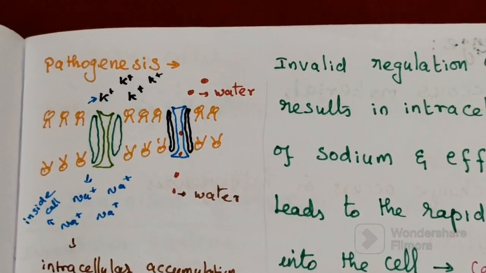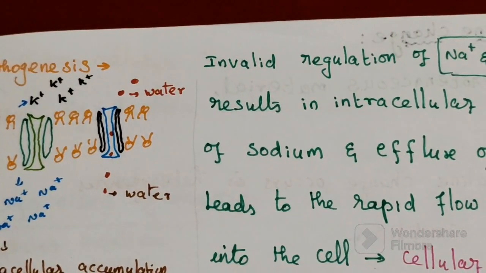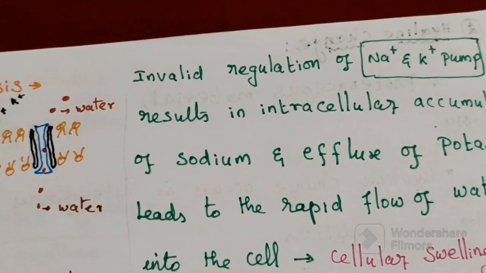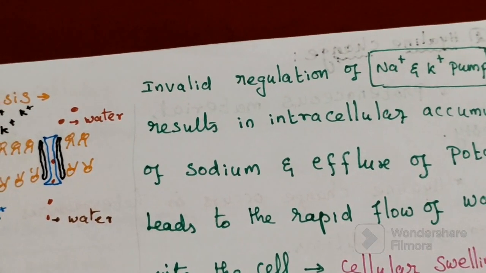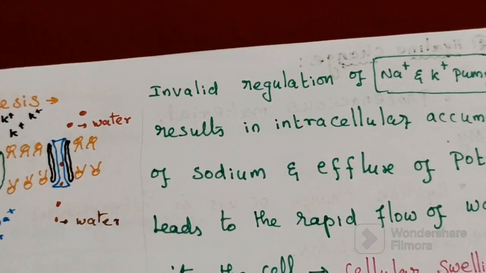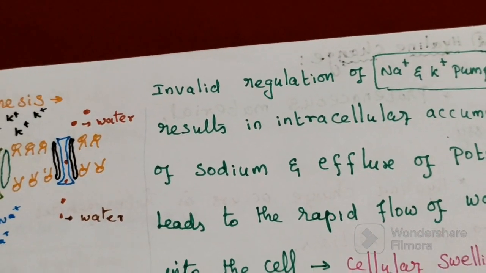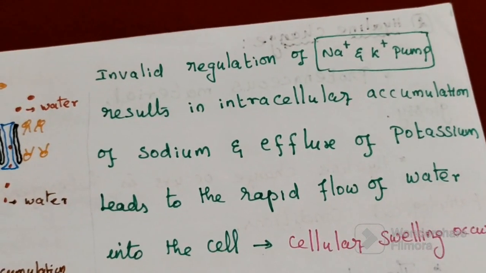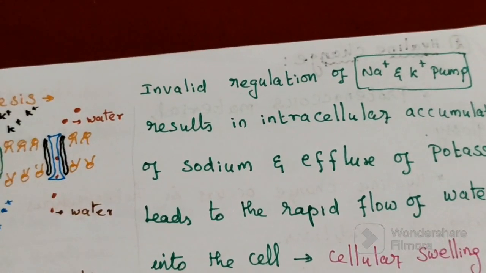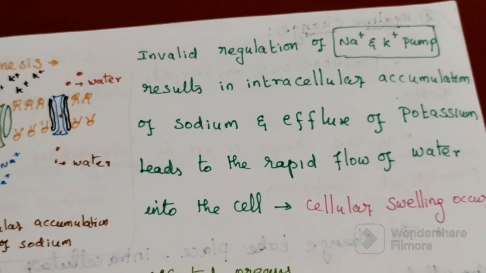Next, what about pathogenesis? Impaired regulation of the sodium potassium pump results in intracellular accumulation of sodium and efflux of potassium that leads to the rapid flow of water into the cell, hence cellular swelling occurs.